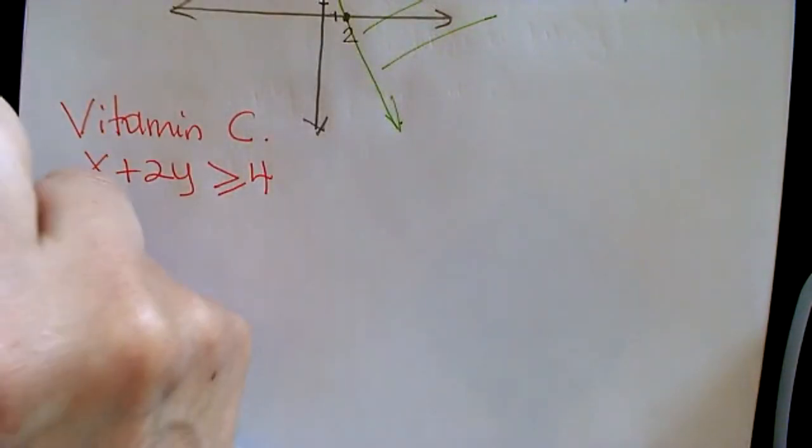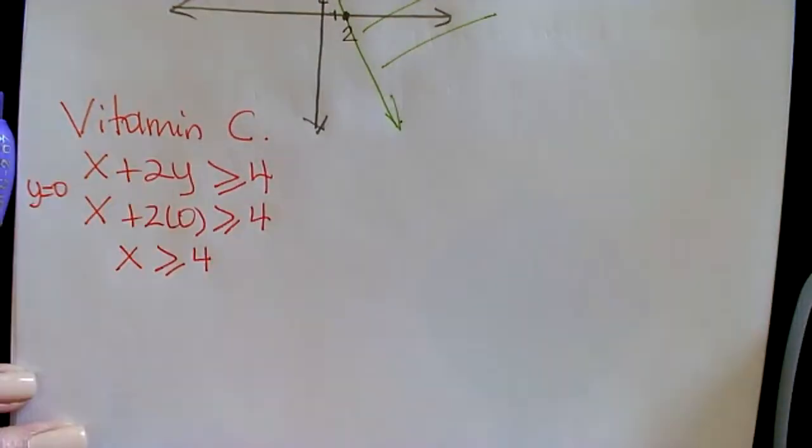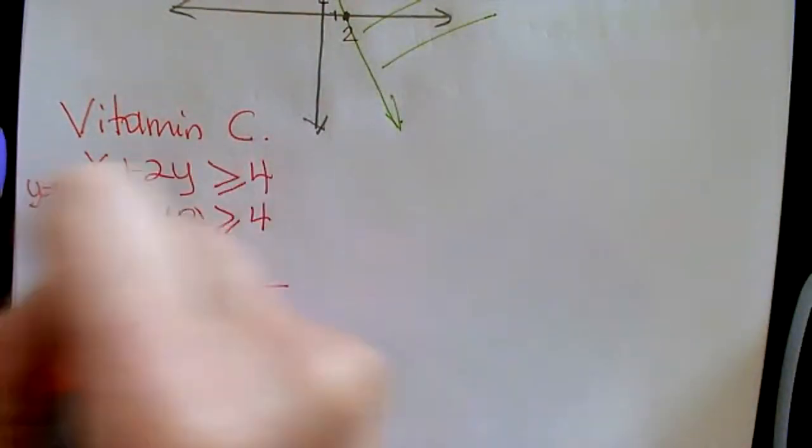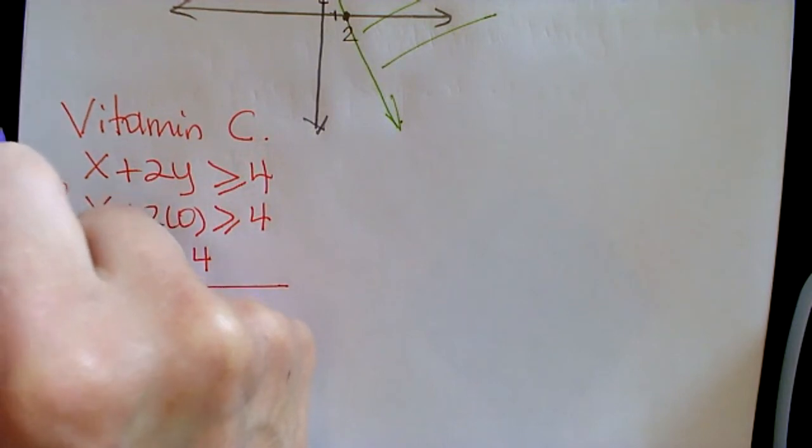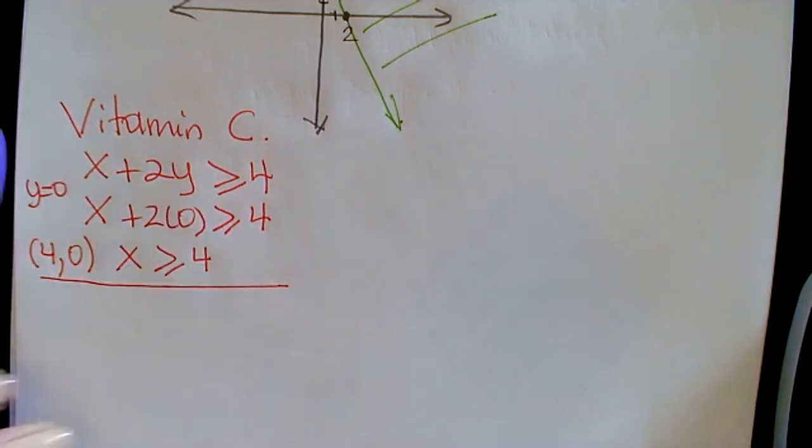Let's do it first, just like we did the other one, when y is equal to 0. So we get x greater than 4. There we go. When y is equal to 0, x is equal to 4.